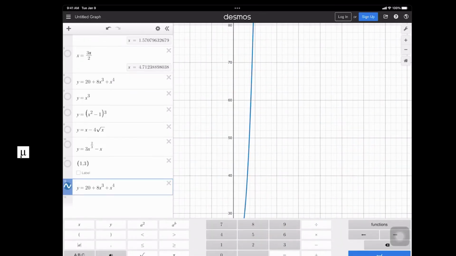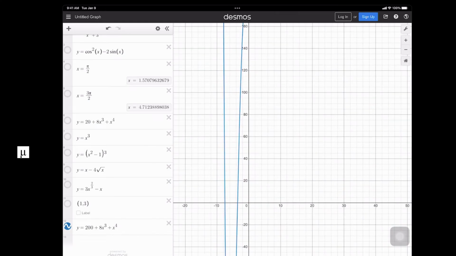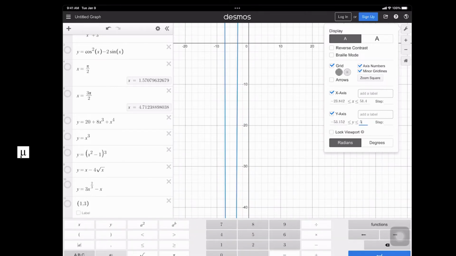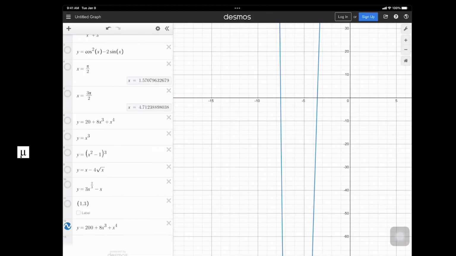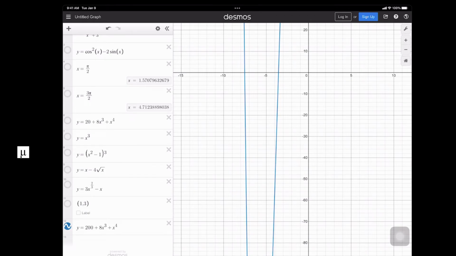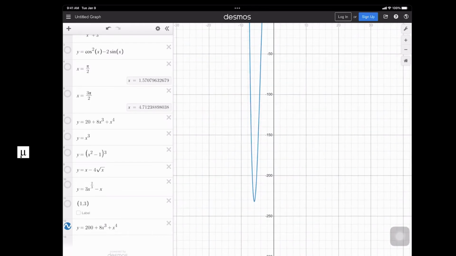We forgot the extra 0. And notice this. I'm going to have to fix the y value. Well, what's the deal with the y value? Let's say positive 50. Maybe the x value would be 200 plus 8x cubed plus 4x. Yeah.